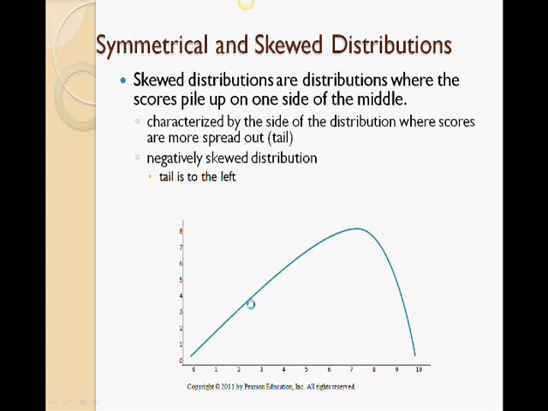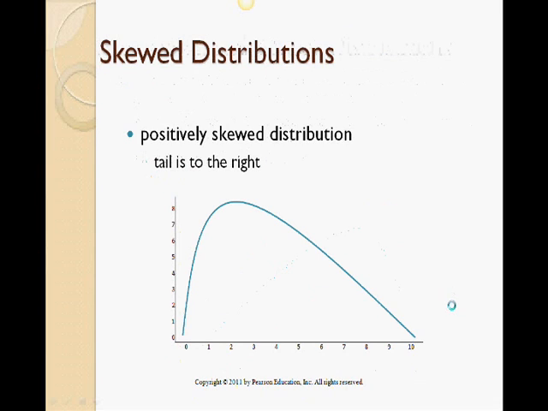But you always look at the tail, so that's something to remember when you're naming a skewed distribution. Here's an example of a positively skewed distribution. Here the tail is to the right, and we have the majority of the scores here at the bottom of the scale.